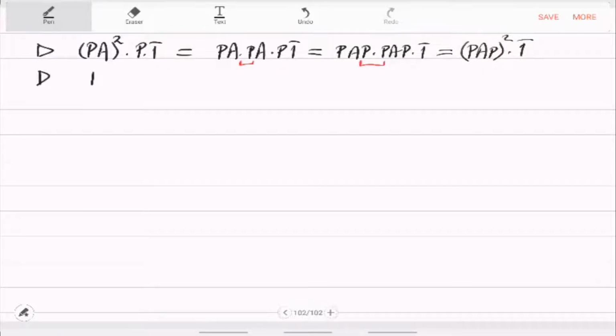So actually PA to the k times P1 bar is nothing but PAP to the k times P1 bar.